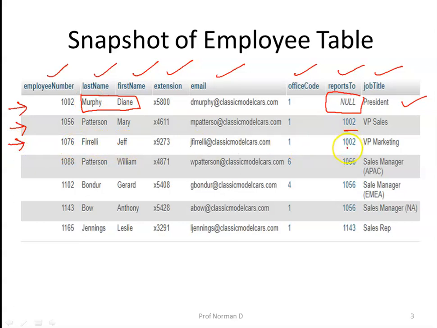Jeff reports to 1002. That means Jeff also reports to Murphy Diane. We move on to the next tuple 1088, that is Patterson William, reports to 1056. 1056 is Patterson Mary. That means Patterson William reports to Patterson Mary.